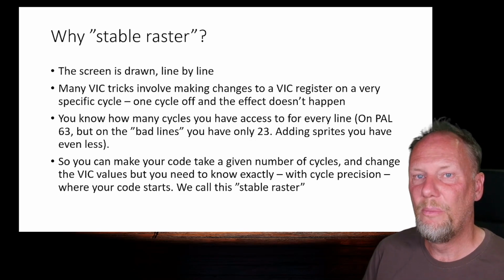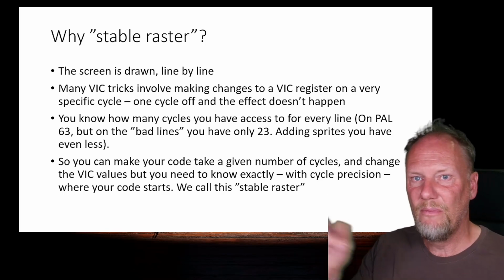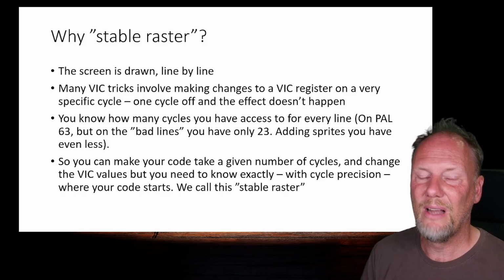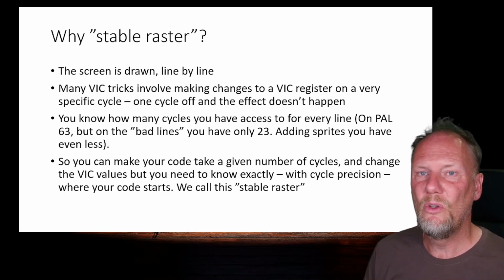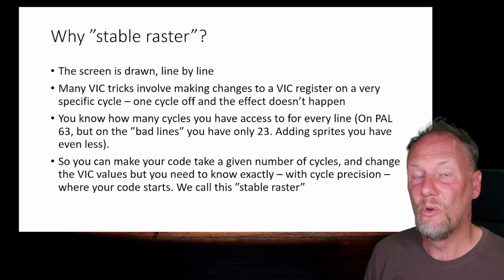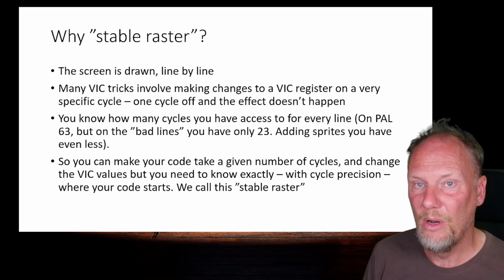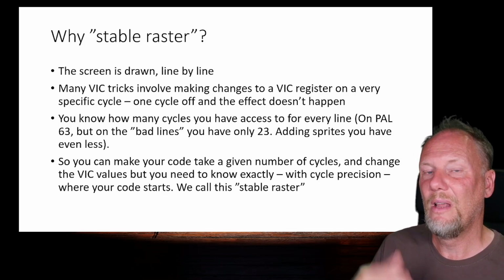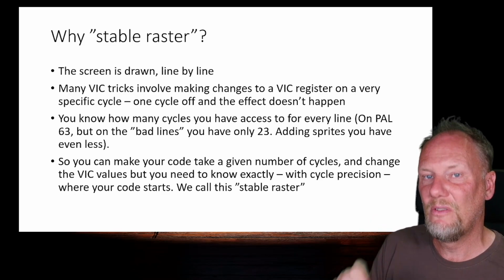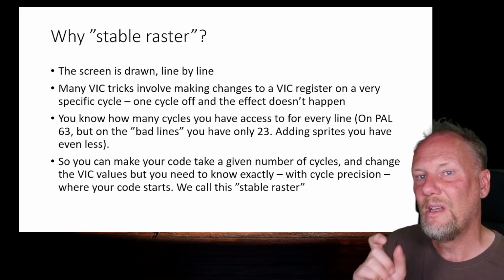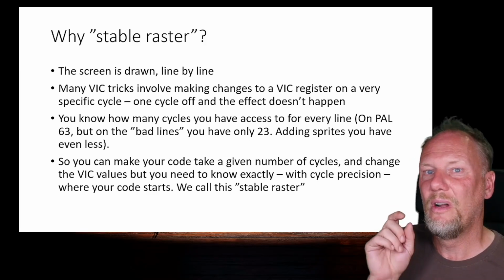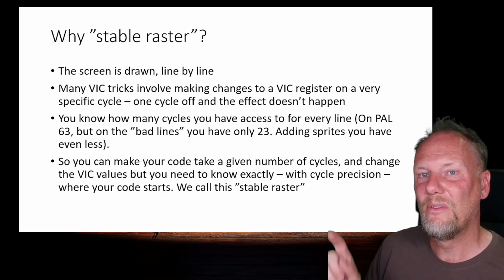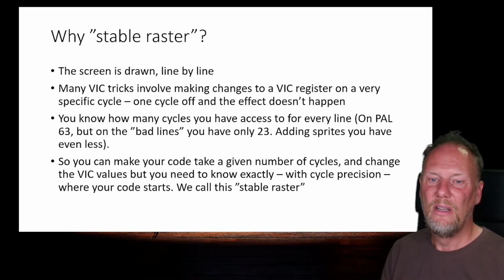But most of these things are predictable, or all of them are predictable. If you have moving sprites, it becomes really not predictable at all, but there are tricks to handle that as well. Most of the time you can predict the number of cycles your code is going to have available on every row, which means that if you are going to make code that happens on specific parts of the screen, you can predict which instruction needs to make that change to the screen if you count the cycles of all the instructions.